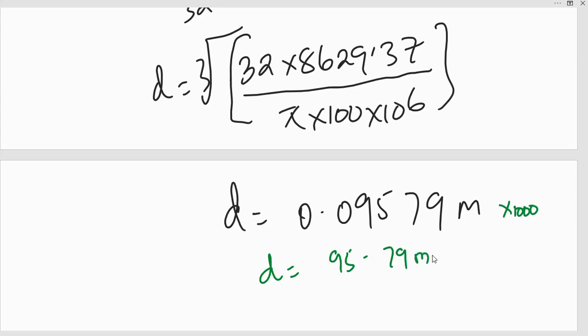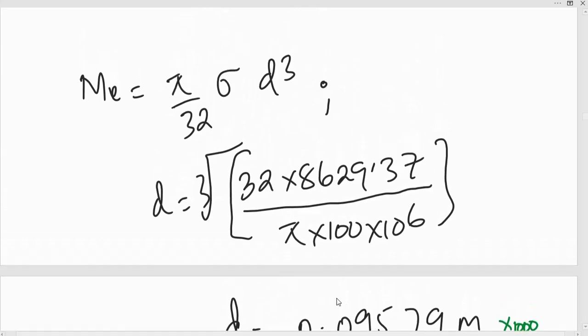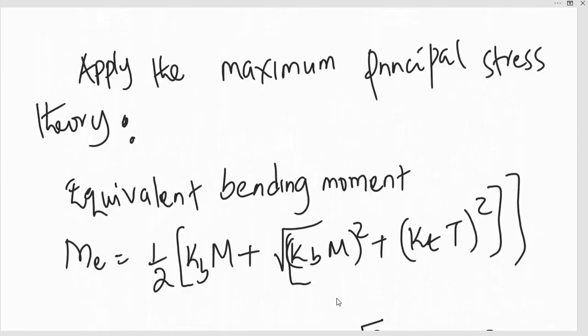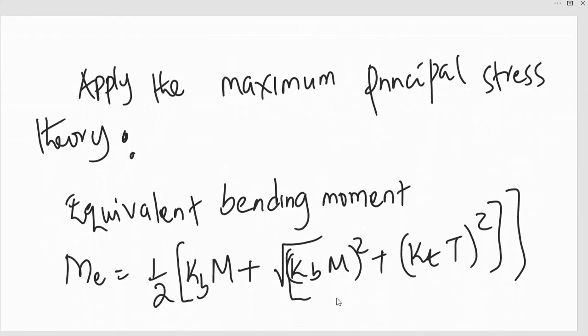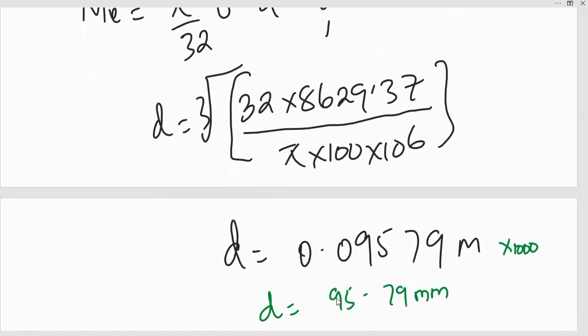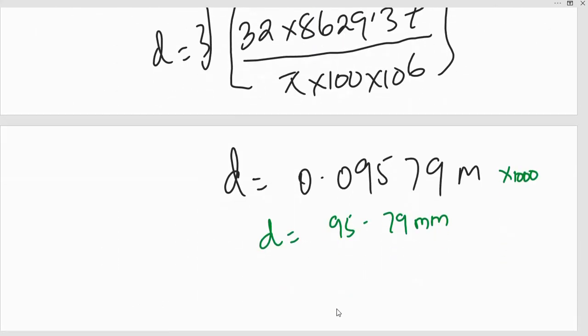So I look at the two values: a diameter of 92.6 millimeters and a diameter of 95.79 millimeters. I take the maximum, so that the diameter is able to withstand both stress theories.